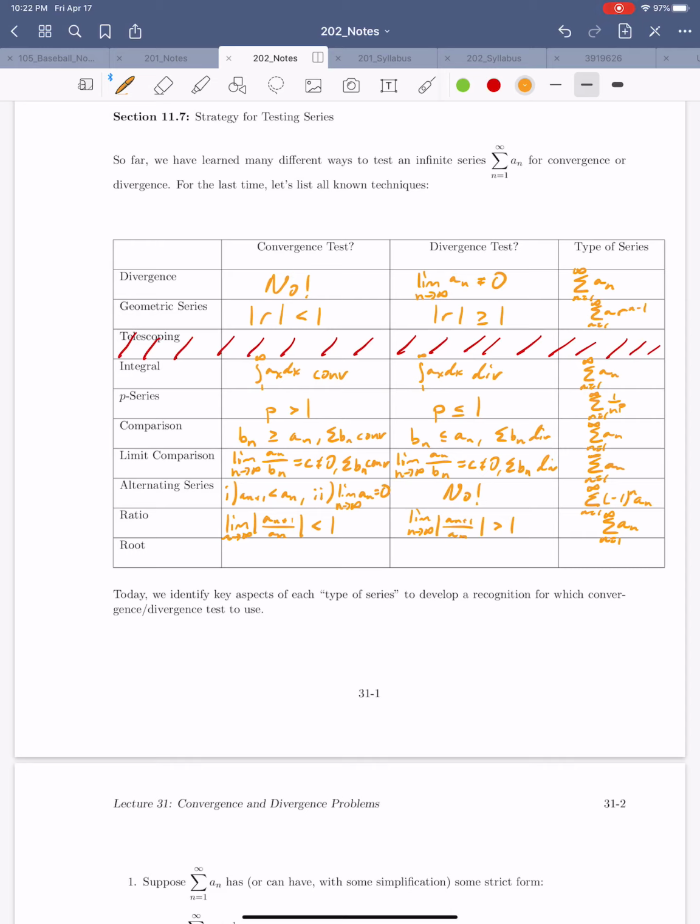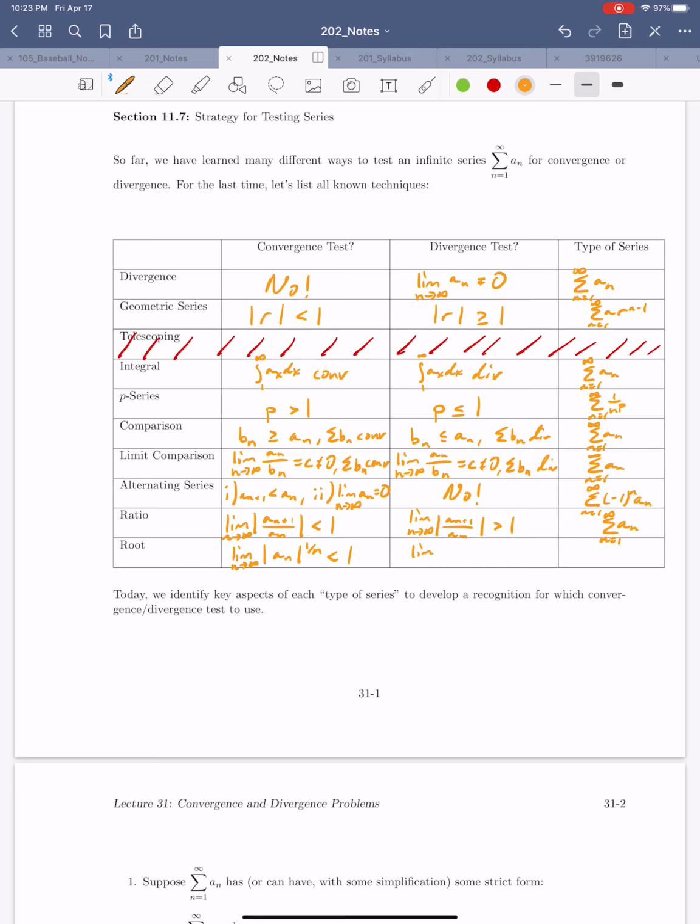The root test is very similar. We take the limit as n approaches infinity of the absolute value of the nth root of the absolute value of a_n, so I'll call it to the 1 over n, right? If that is less than 1, the series converges.